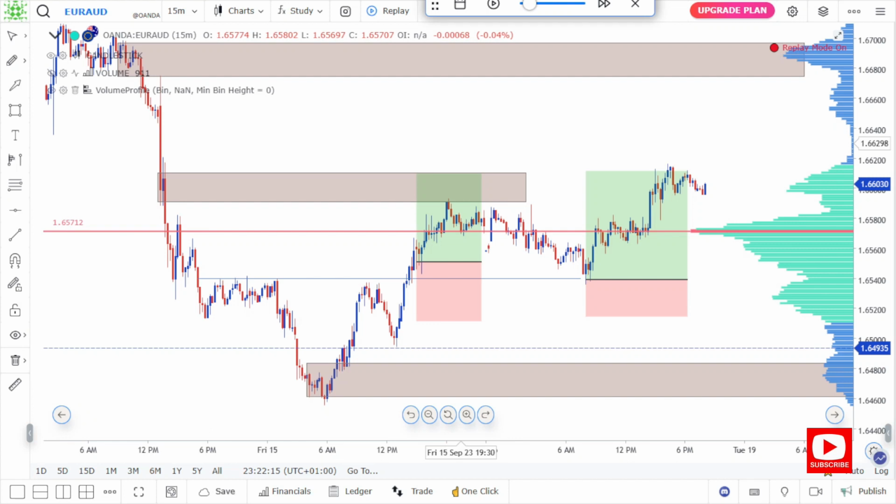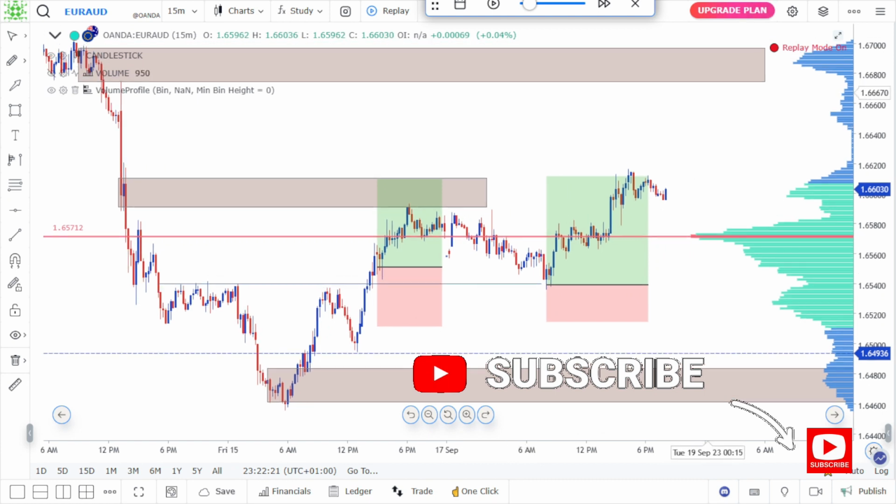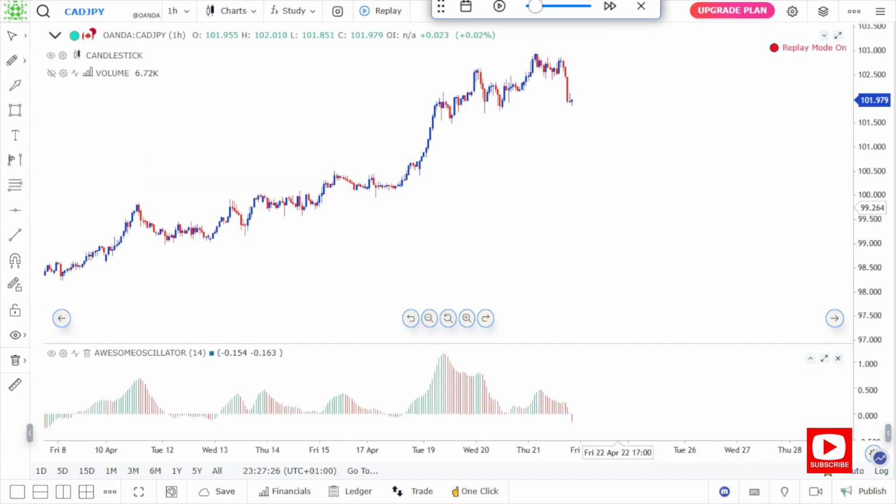Now moving on to number 2, let's see what we have for the price action trading strategies. The next price action strategy is the divergence. This strategy is very effective in all time frames, works on all stocks, forex, crypto, but I personally trade divergence using the awesome oscillator.